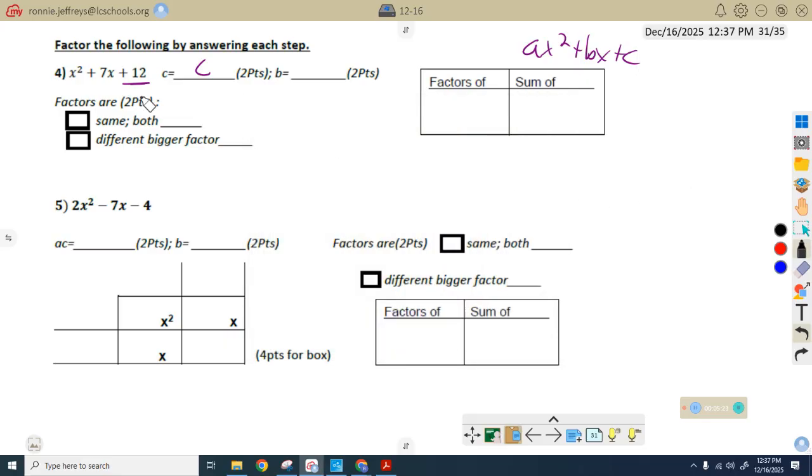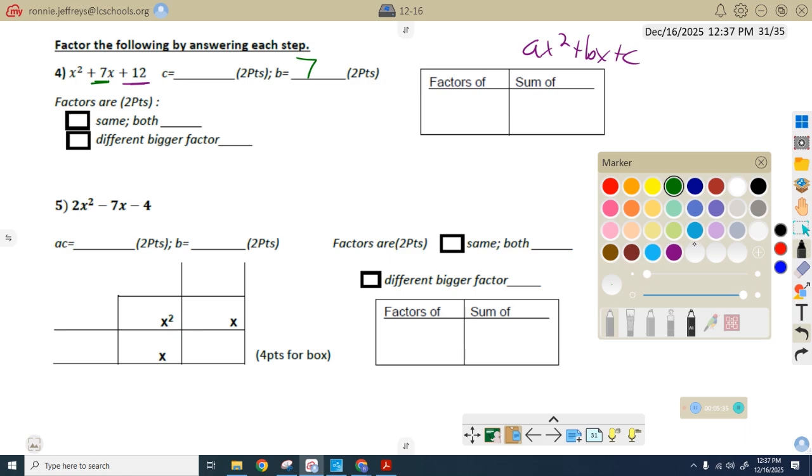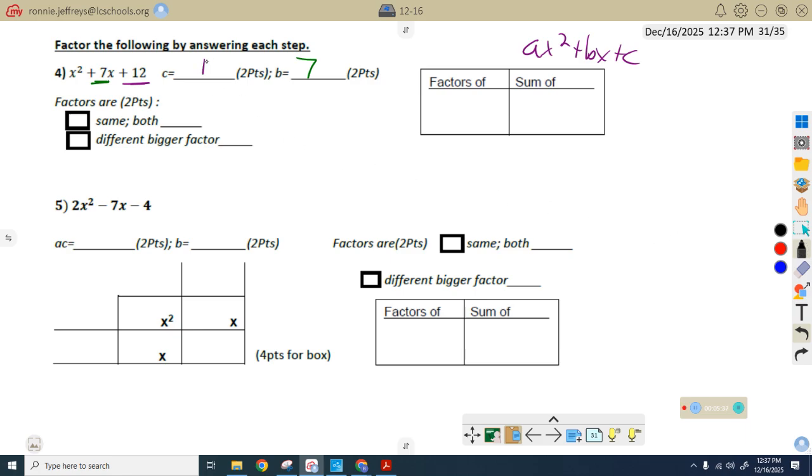And then B. Did I really just write C right there? All right, so this is 12. Because this is positive, our signs are the same. Because this is positive, they're both positive.